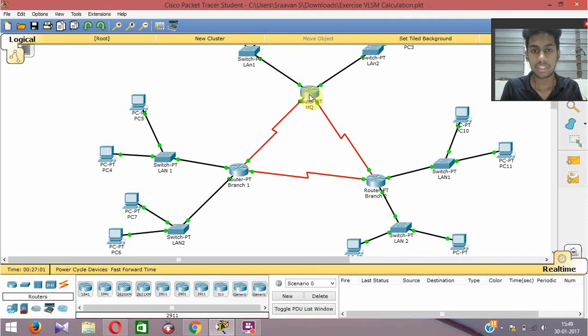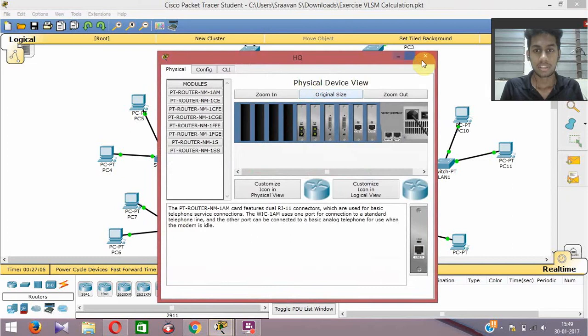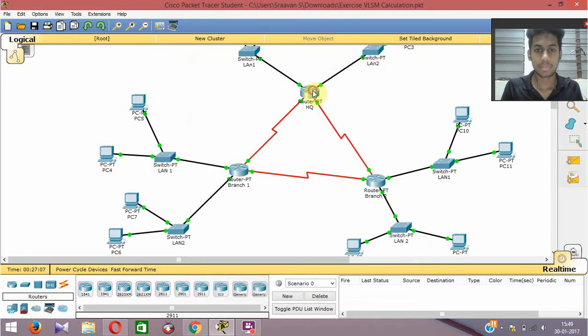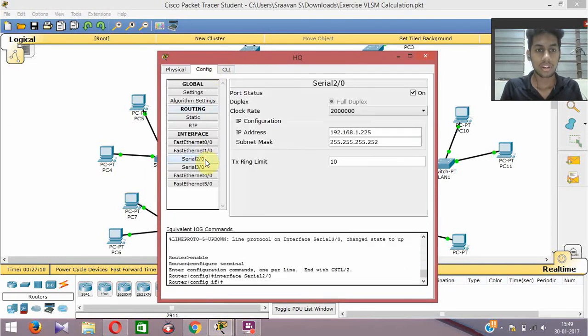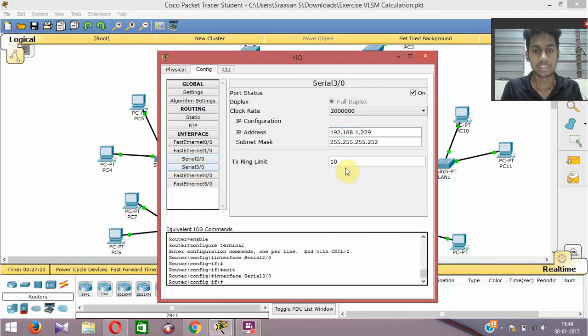So we assign each of the routers their IP address, not exactly IP address but their default gateways. The router's configuration would be 1.225 between the routers, with that serial 2/0, and for serial 3/0 it will be around 229 since it's 252.